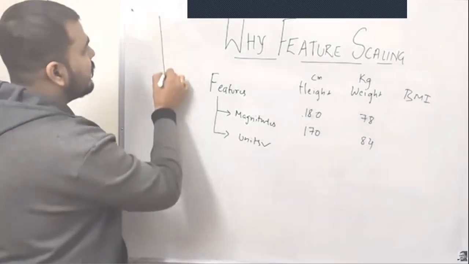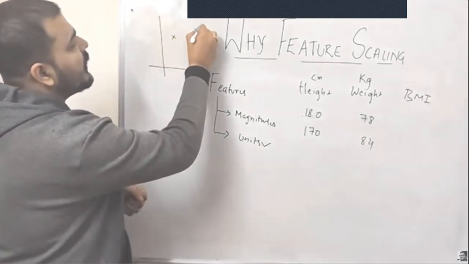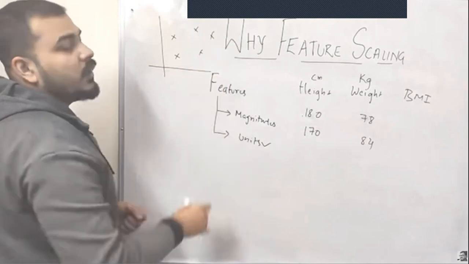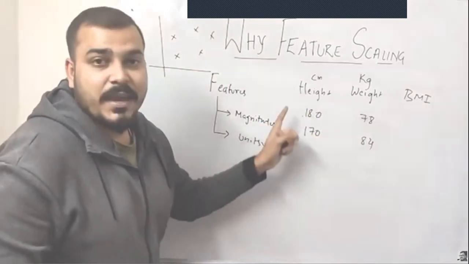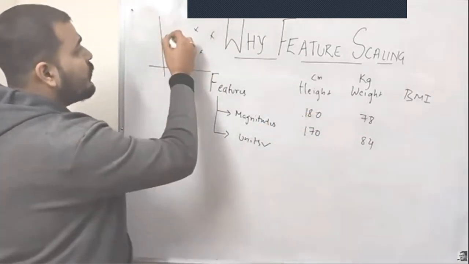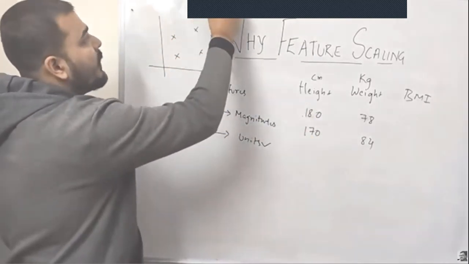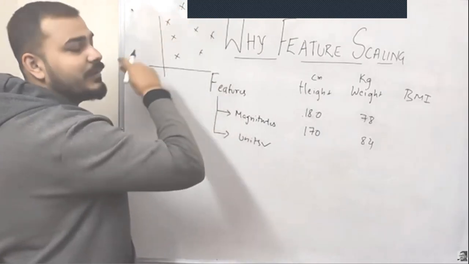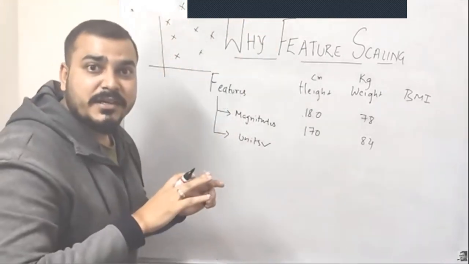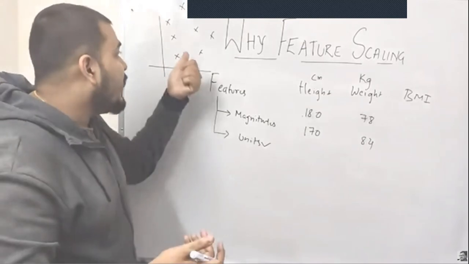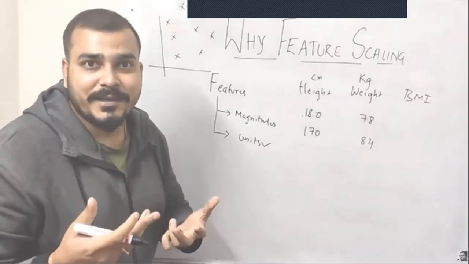Now you know that k nearest neighbor works on Euclidean distance, okay. Now remember, if I take the same magnitudes and plot them in a two-dimensional graph, the points may have varying distances and the distances will be huge, because here I am going to use Euclidean distance.